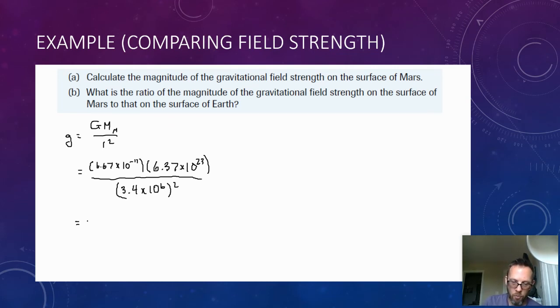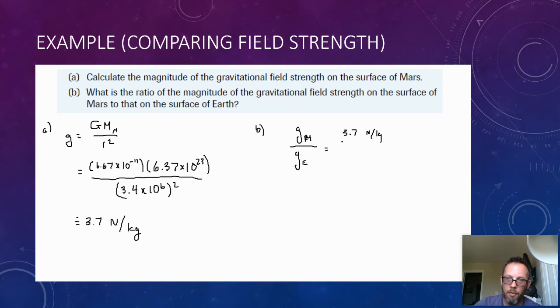Divided by 3.4 times 10 to the 6, squared. So about 3.7 newtons per kilogram. That's part A. So if you compare that to Earth, let's do a little ratio, with Mars on top. g Mars over g Earth, about 3.7 newtons per kilogram divided by 9.8 newtons per kilogram.